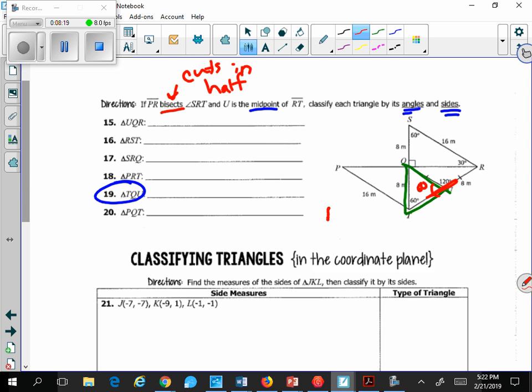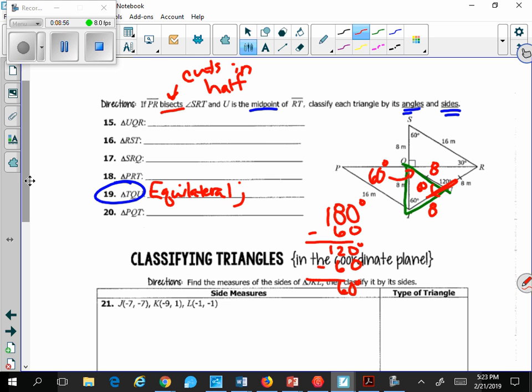Hopefully we know, and if not, we'll get a lot more practice with it very shortly. There's 180 degrees in a triangle. So if I've got 180 degrees in a triangle, and two angles of it are 60, then this one is also 60. So triangle TQU, we said before, this is 8 and this is 8. So I know all of those sides are 8. So if I'm classifying by sides, I'm saying it's equilateral.